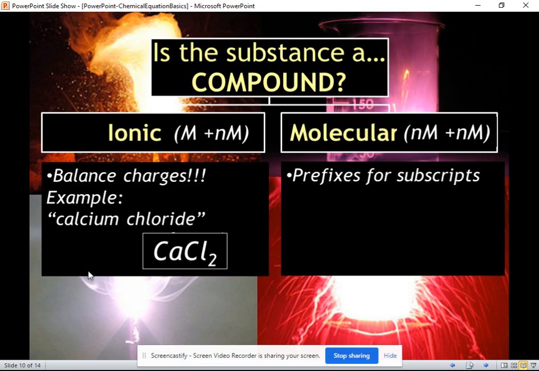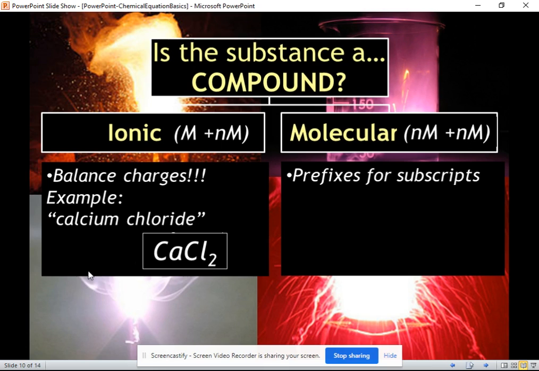So for molecular ones, what I always look for is prefixes. In order to name these, we need prefixes for the subscripts. Now, remember, these are always going to be two-part names. It is possible that the first word, if there's just a single atom of it, won't have a prefix in front of it. But the next word will.